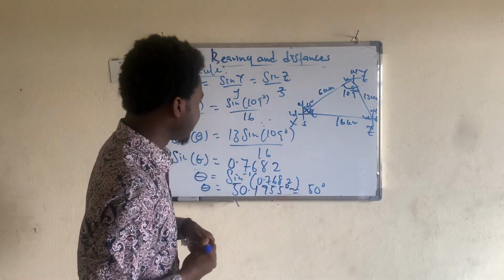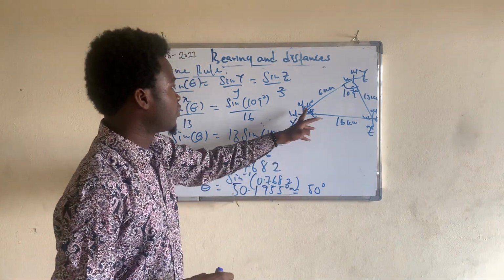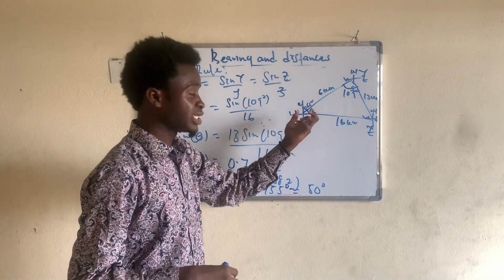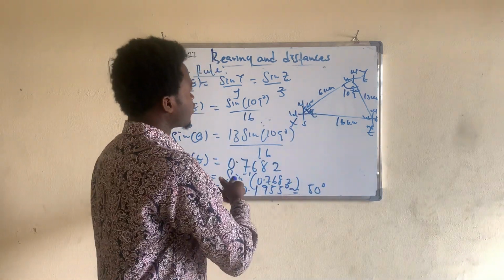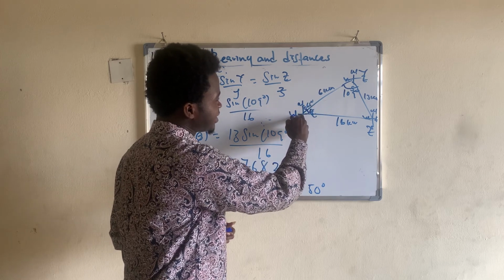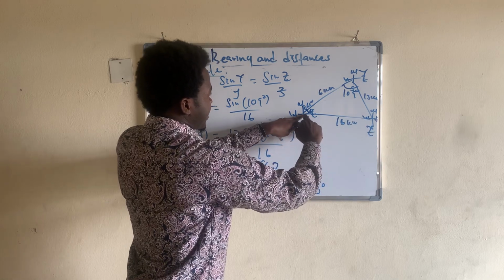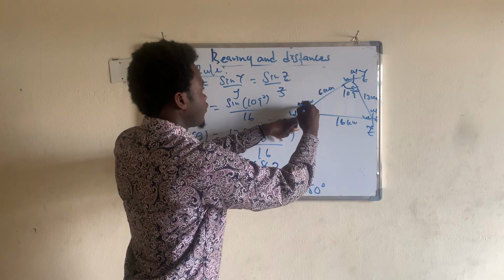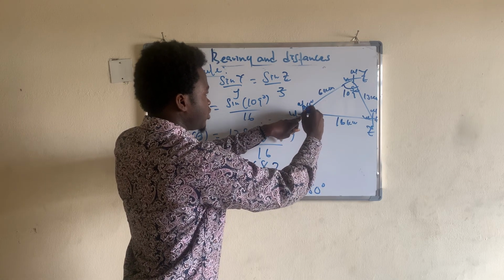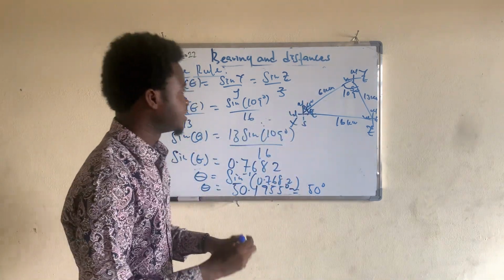Now we are talking about the bearing. So bearing is angular movement from the North Pole. Remember our definition of bearing. So from this point to this line here, that's the bearing of the boat from X. From the North Pole to this point means it has to be 065 degrees plus theta to get the bearing.